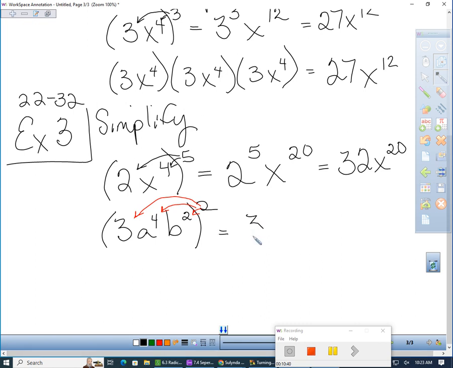We have 3 to the 2nd. I keep my base of a. What numbers am I multiplying together for a? 2 and 4, so I get 8. Then I keep my base of b. What numbers am I multiplying for b? 2 and 2, so I get 4. Now I simplify. What is 3 to the 2nd power? 9. A to the 8th, b to the 4th.